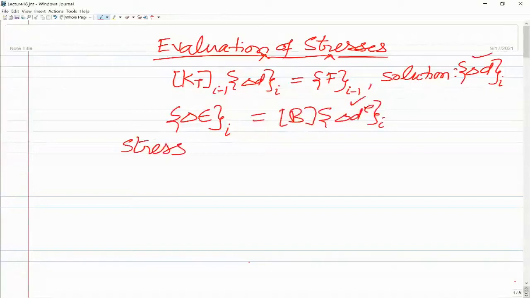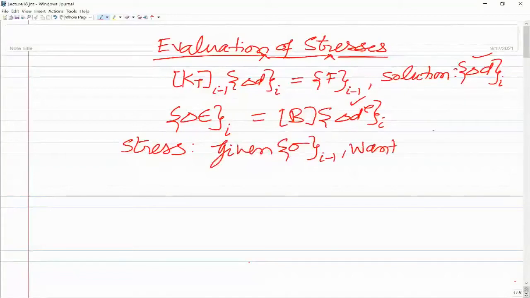Now we will know the stress in the previous iteration. Essentially, we are given the stress in the previous iteration at a particular element, particular Gauss point. You do this for each element, each Gauss point: you store these stresses and update them. So for a particular Gauss point this is available for the previous iteration, this is given, and now we want to find the stress corresponding to the current iteration.